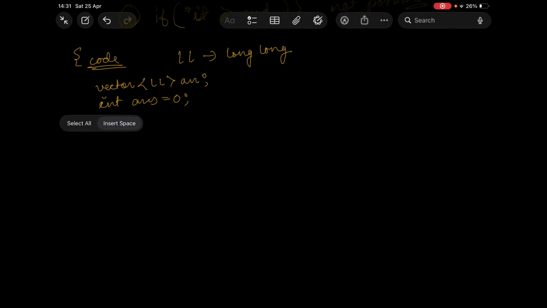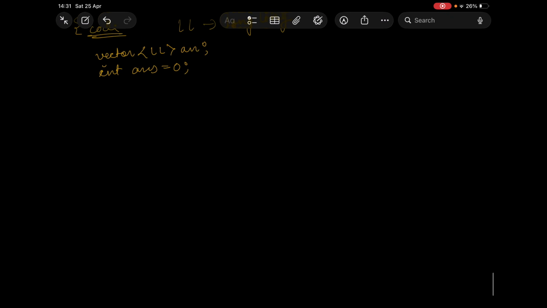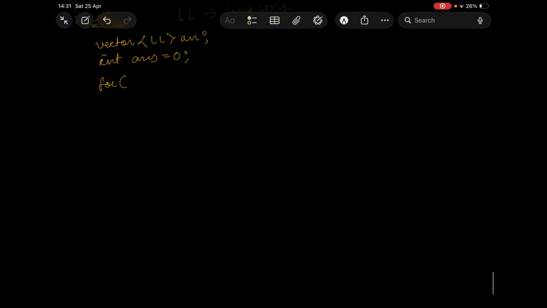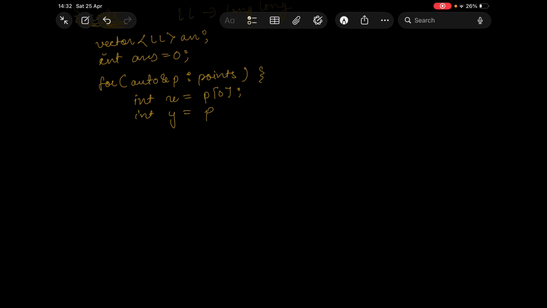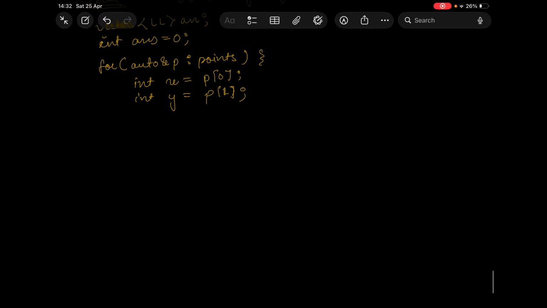Now I have been given these points, so I need to plot my points. This is the first step. So auto, here x would be p of 0 and y would be p of 1. So this is x and y for every point.